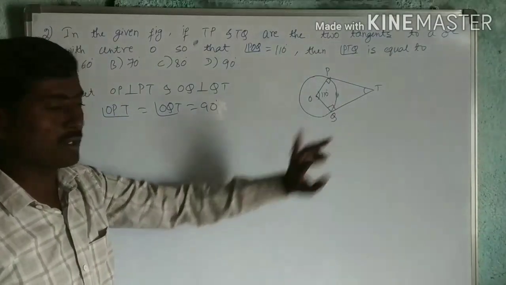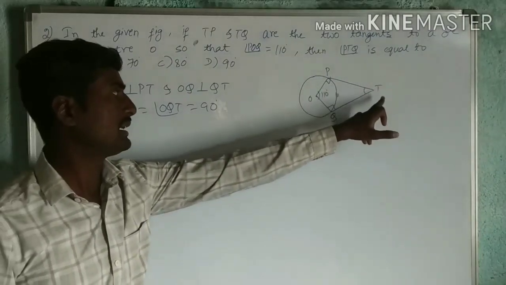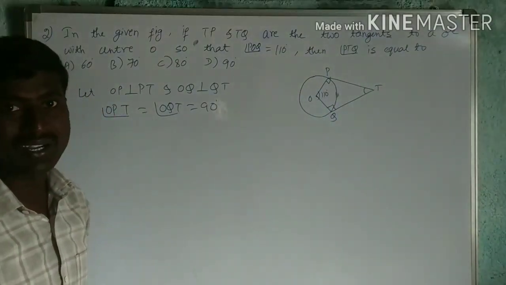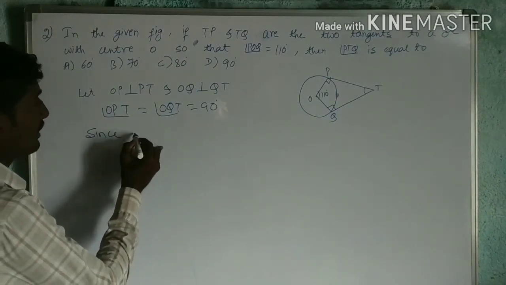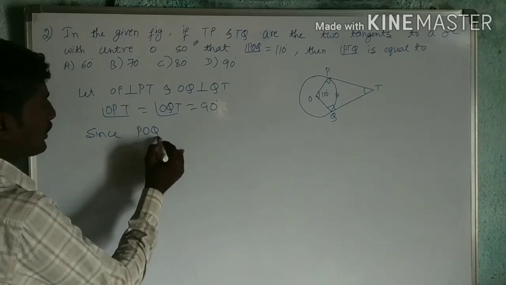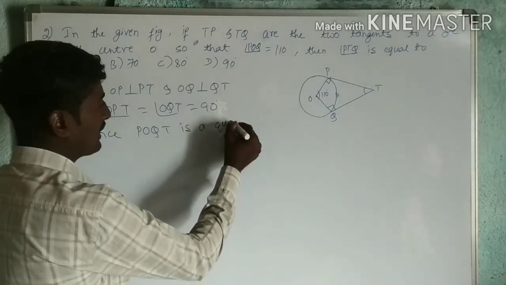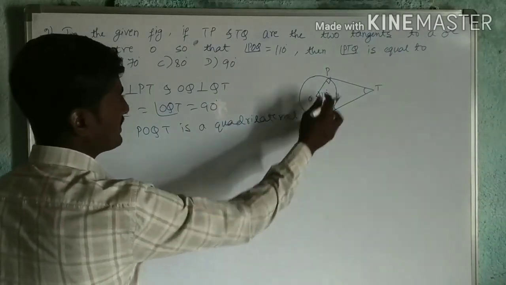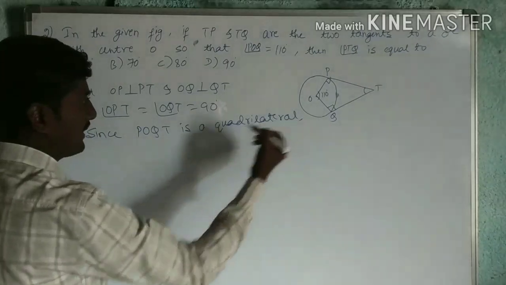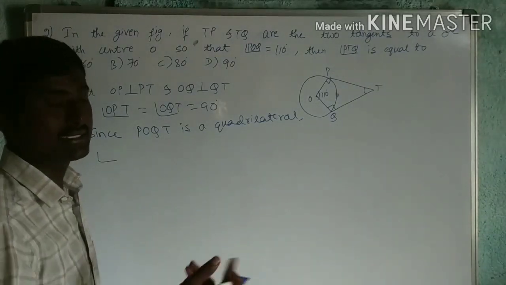Now these two angles I got, and another angle also I got. POQT is a quadrilateral. So since it is a quadrilateral, I can write that the sum of the interior angles of a quadrilateral is 360 degrees.